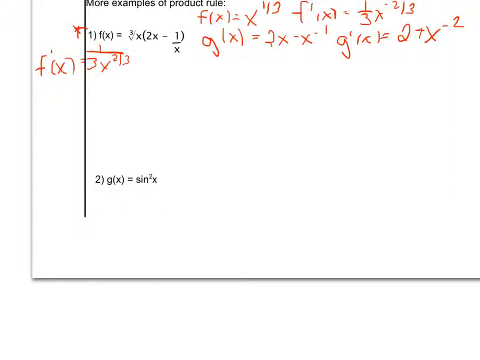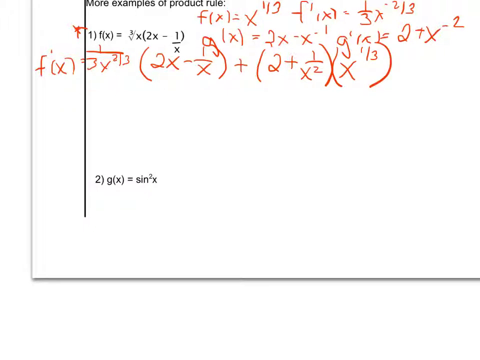Go ahead and leave it negative if you want. Times the second function, 2x minus, I'm going to say 1 over x. I don't care if you leave it as x to the negative 1, plus the derivative of the second, 2 plus 1 over x squared, times the first function, x to the 1/3.